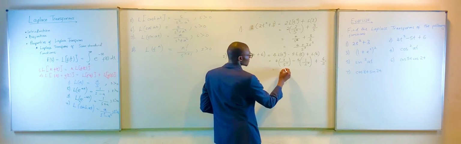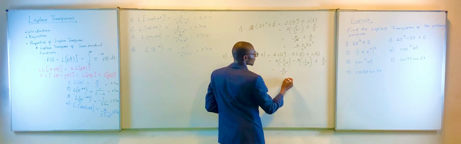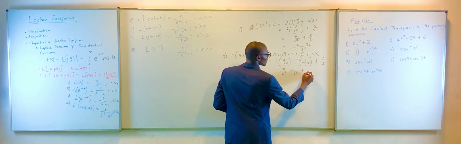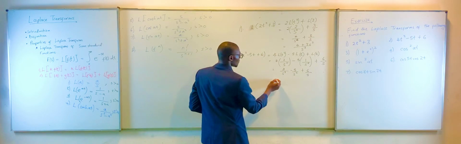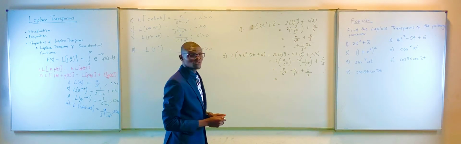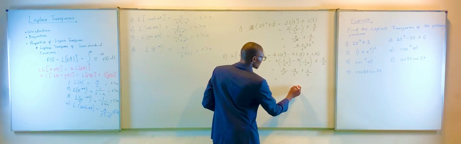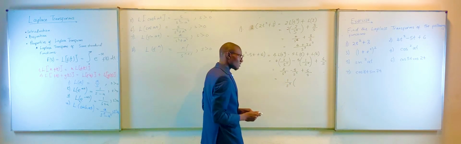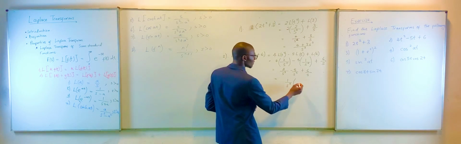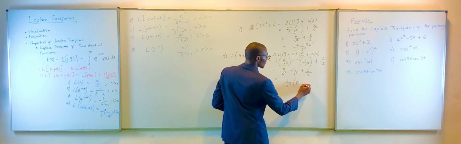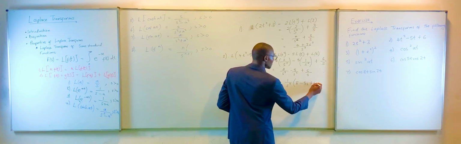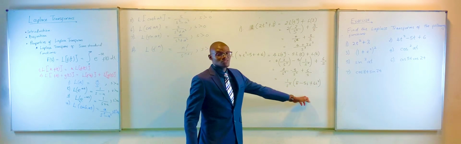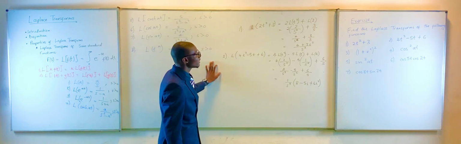So this will give us 8 over s to the power of 3 minus 5 over s squared plus 6 over s. So now if we evaluate this as a single fraction, common denominator there will be s to the power of 3, right? Then we've got 8 minus 5s plus 6s squared. So this will be the final result that we get for the second question.